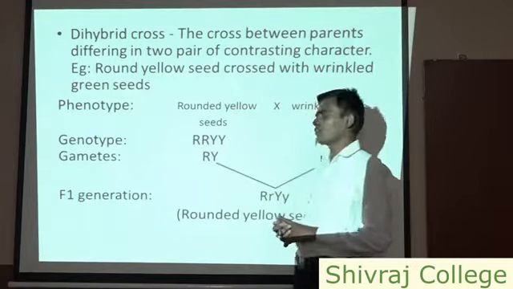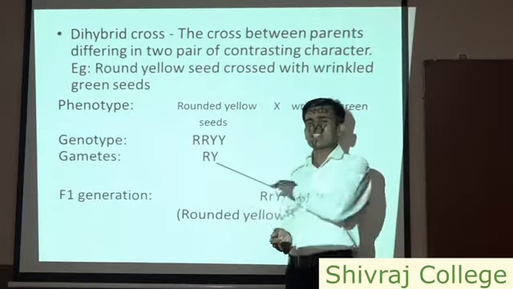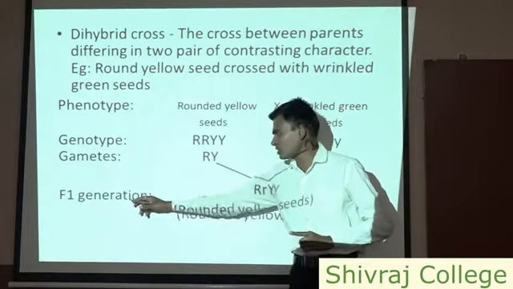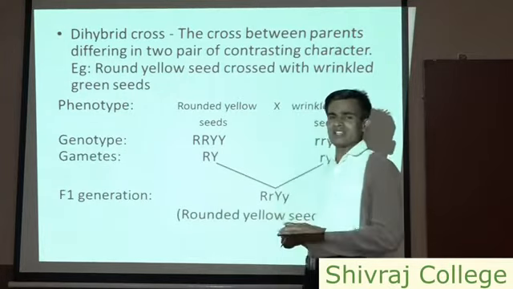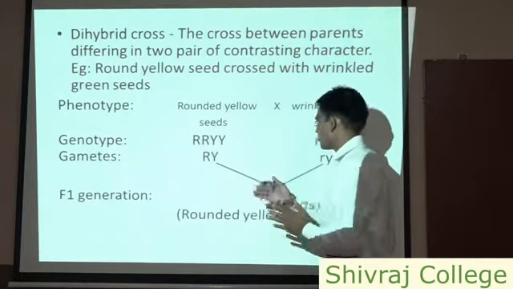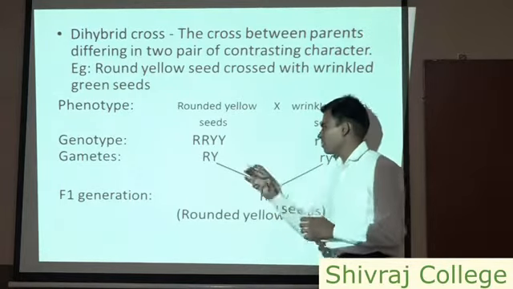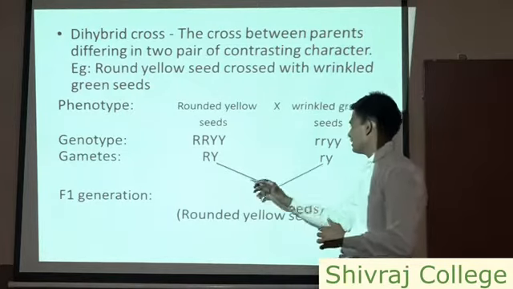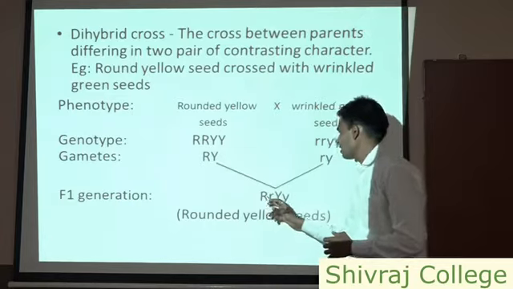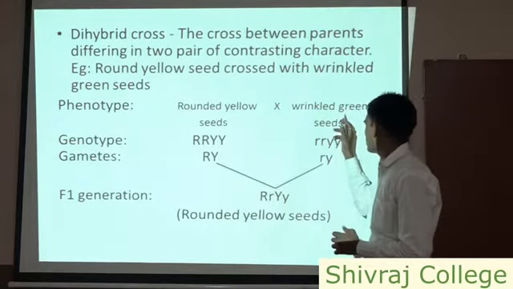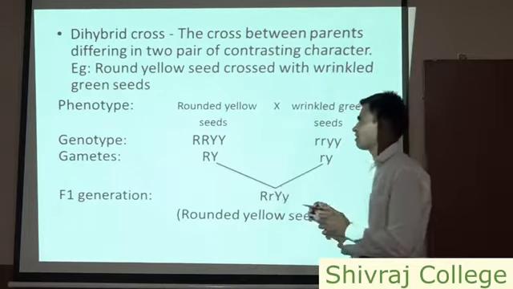That is what we call the first generation, as in the monohybrid cross, the first filial generation. So this first filial generation has genotypes from both the male and female plants. From the round yellow seeded plant, capital R, and from the wrinkled plant, small r.